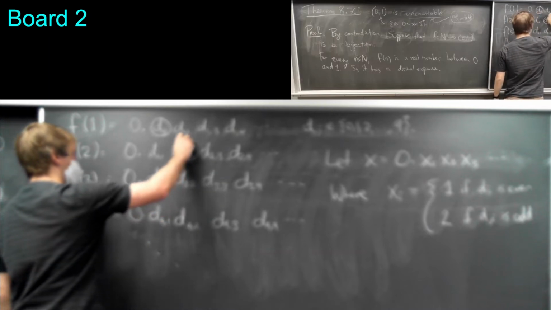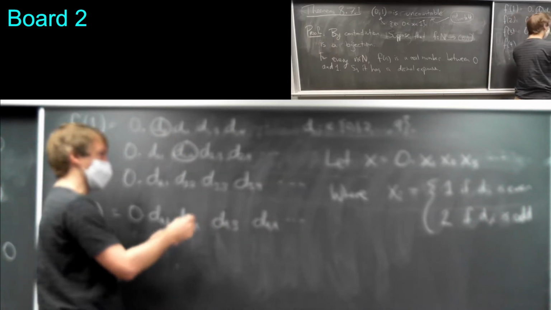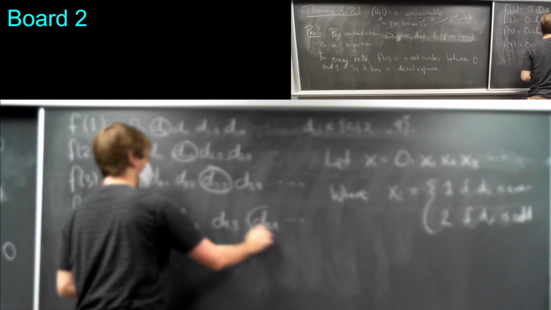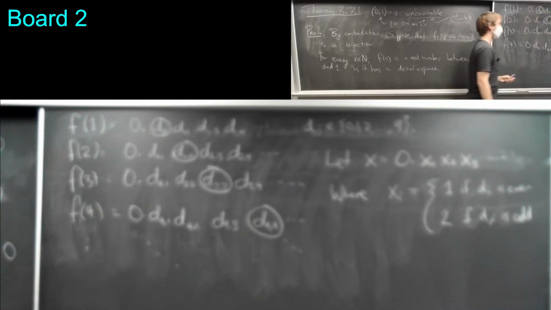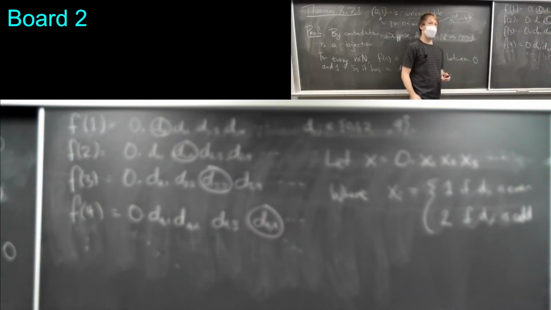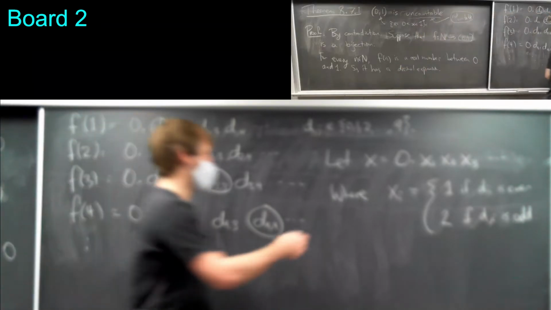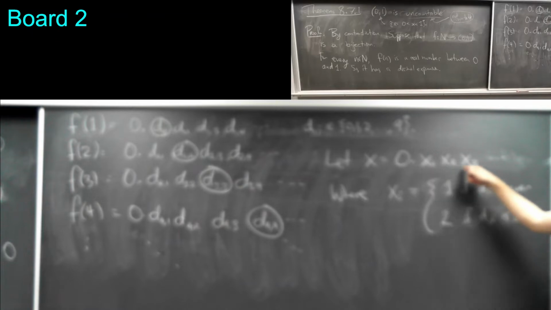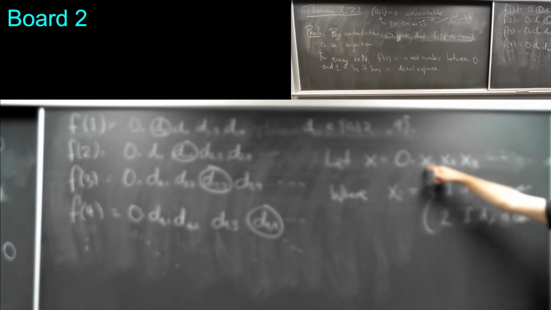I then look at the second one, and based on that, I define the second decimal place, the third one, the fourth one, etc. So this is going to be a number between 0 and 1, right? x is going to be 0 point something, something, something, where all of these somethings are either a 1 or a 2.